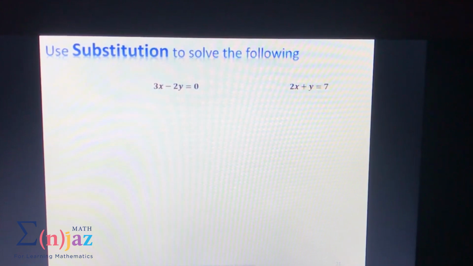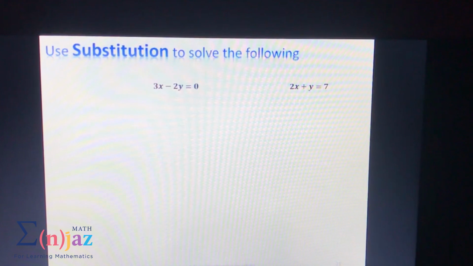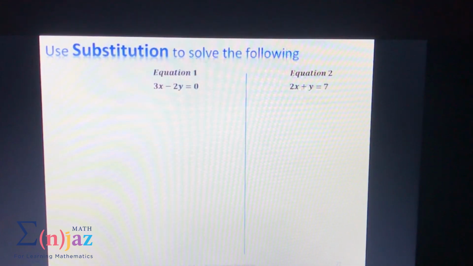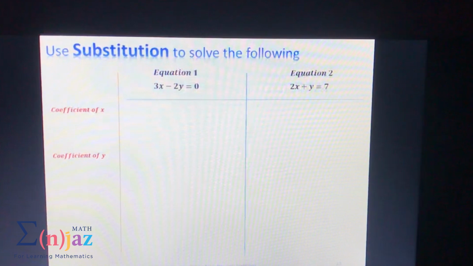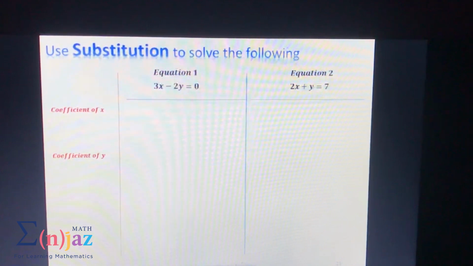3x minus 2y is equal to 0. 2x plus y is equal to 7. Let's start with the first step by addressing each equation. Let's call the first one equation 1 and the second one equation 2. And then let's identify the coefficient of x and the coefficient of y in each of the two equations.